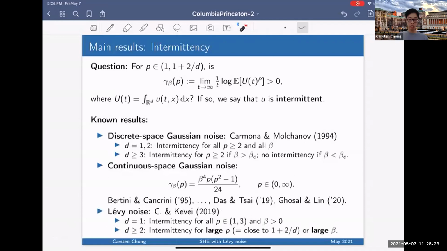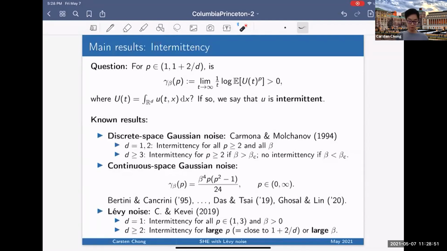Lévy noise. In the first paper with Peter K. we were able to prove the following. In dimension 1, as in the Gaussian case, we have intermittency for all reasonable exponents, for all beta. In dimensions 2 or greater, we were only able to show intermittency for large p, large meaning close to 1 plus 2 over d, or large beta, or both.